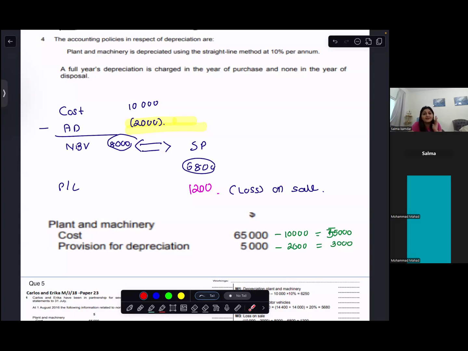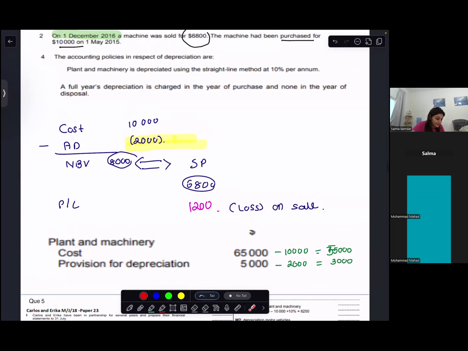If I have to calculate depreciation on straight line method, I will calculate on straight line method, but if there are no additional purchases. So when I disposed of the asset, I removed the cost from cost, and the accumulated depreciation from accumulated depreciation. I got the remaining cost, remaining accumulated depreciation.